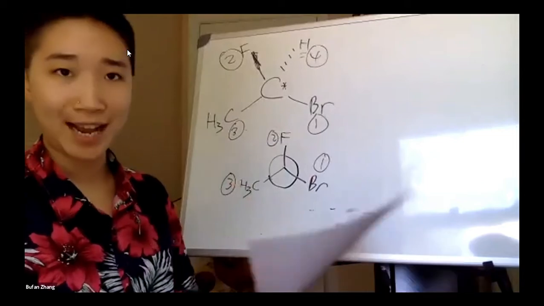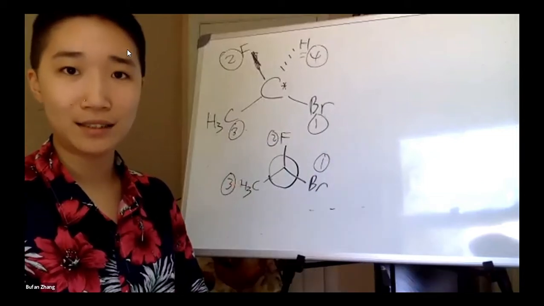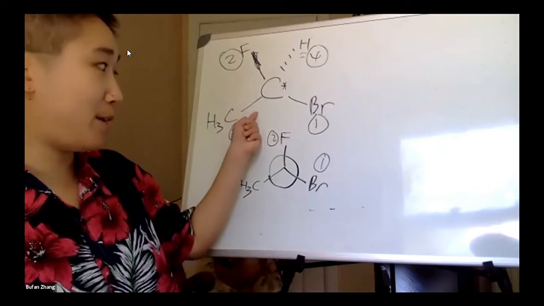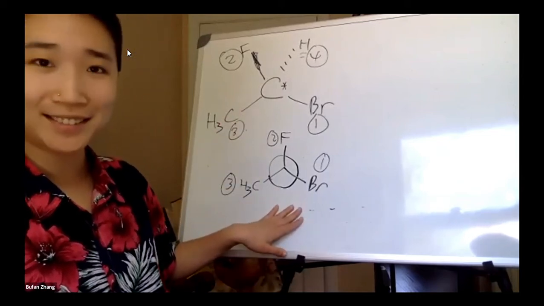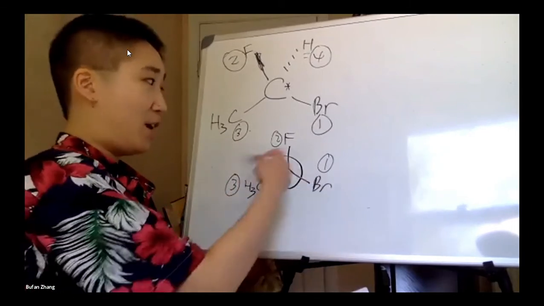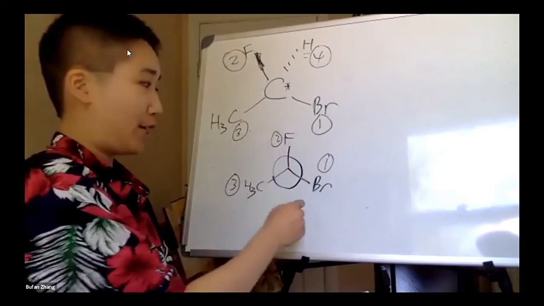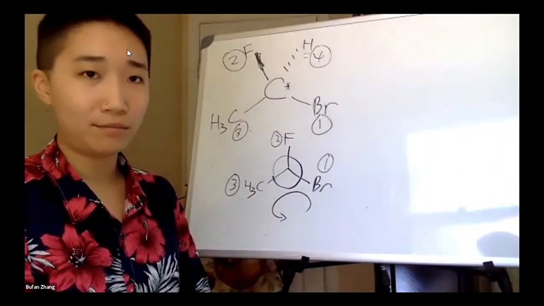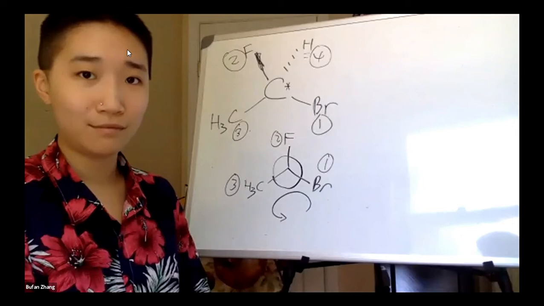Any questions regarding how I did that? No, we're all clear how I converted this picture to the Newman projection? Okay, wonderful. So our Newman projection is numbered. We have 1, 2, 3 going clockwise or counterclockwise? Counterclockwise.